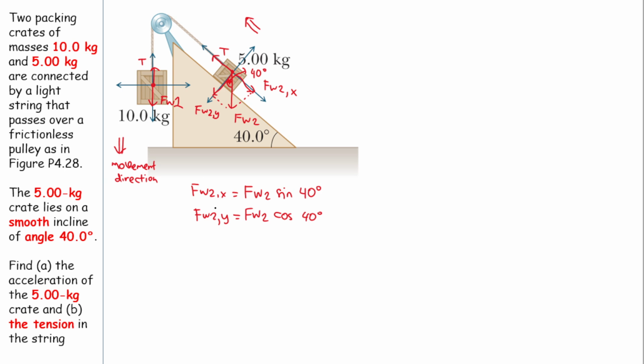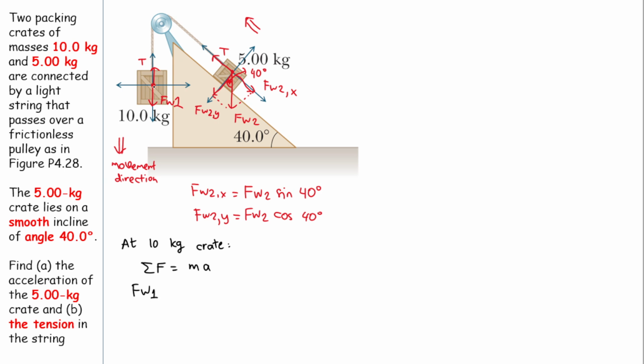Okay, let's start with the 10 kilogram crate. We can use Newton's second law, right? So we will have sigma F is equal to the mass times acceleration. Okay, what forces act here? We have the weight of this one, right? So I have FW1.